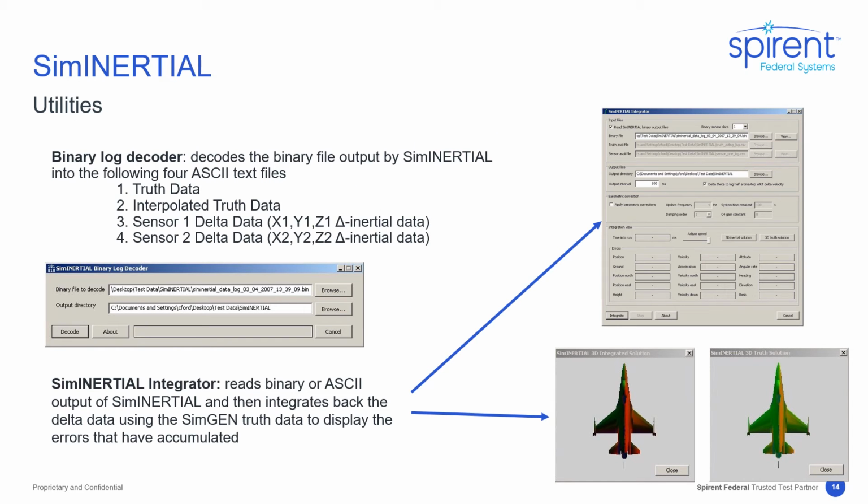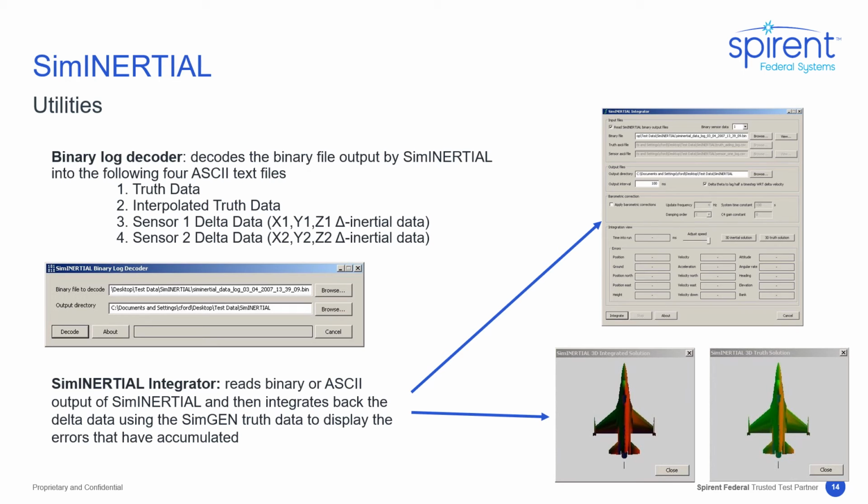Due to the volume and rate of data being generated, log data is written in binary format. After completing a scenario run, if data logging has been enabled, SimInertial provides a utility to convert the truth data to ASCII text. 4 files will be produced: truth data as received from SimGen, truth data interpolated to the INS sensor rate, and 2 files for the delta data outputs for each set of sensors.